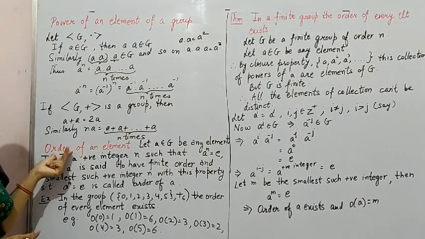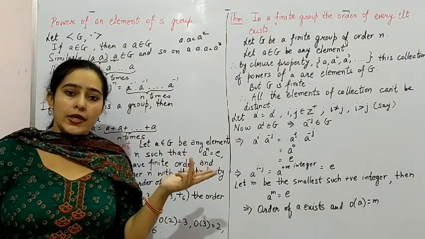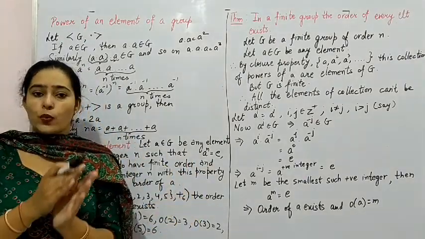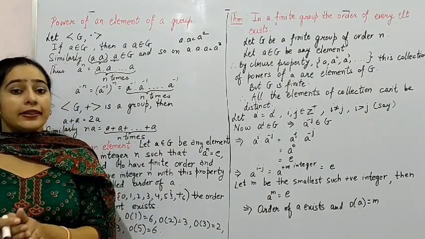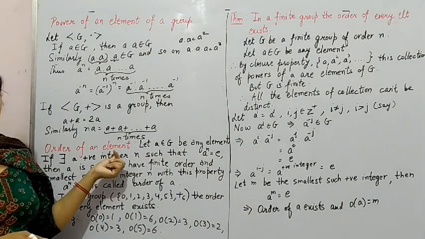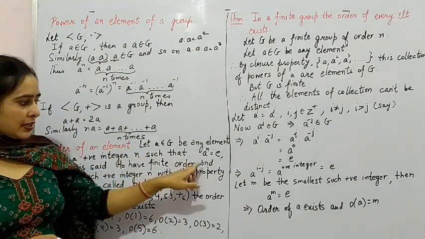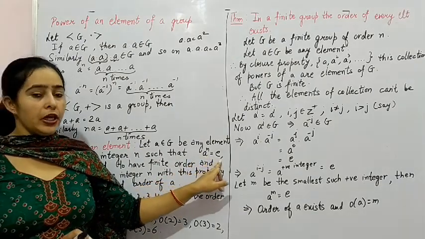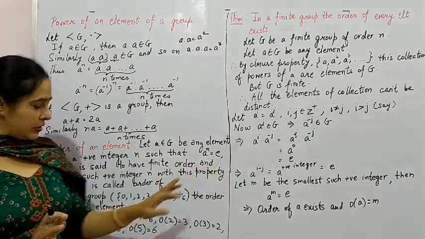For example, if a raised to the power 2 is identity and a raised to the power 6 is identity, because 2 is smaller than 6, then 2 will be the order of the element. The smallest positive integer which satisfies this property will be the order of the element.